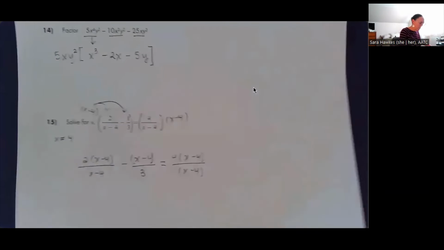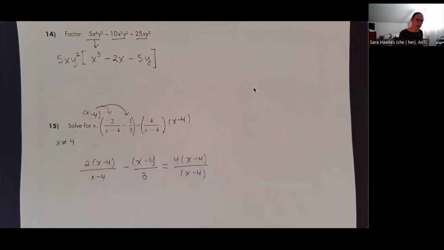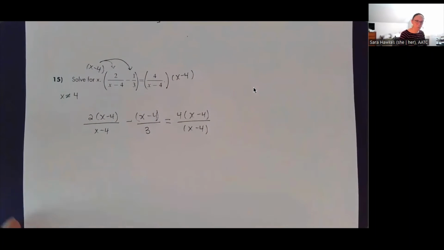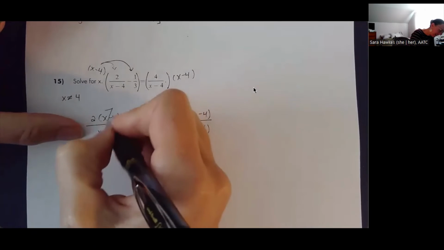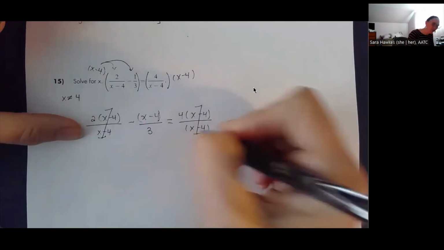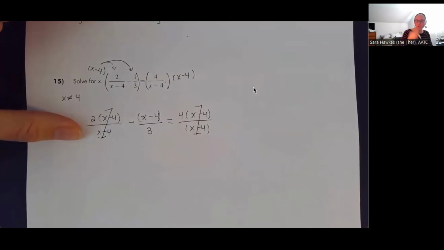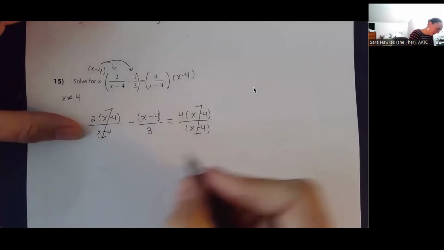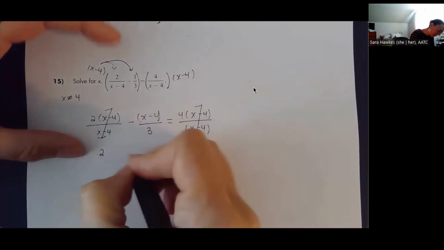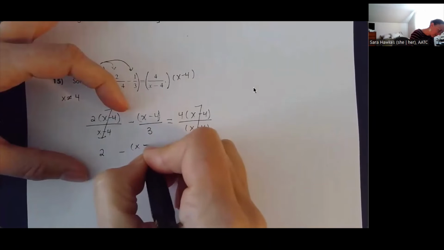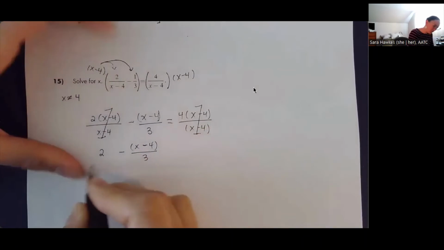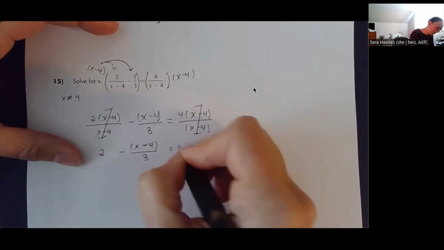And you don't have to write out that step that I just did. I am doing it just to illustrate that what happens when we distribute that denominator in is that it disappears for 2 of those terms, because for 2 of those terms, that factor is going to cancel out. If I just take a moment to rewrite that, I now have 2 times x minus 4, 2 minus x minus 4 over 3 is equal to 4.